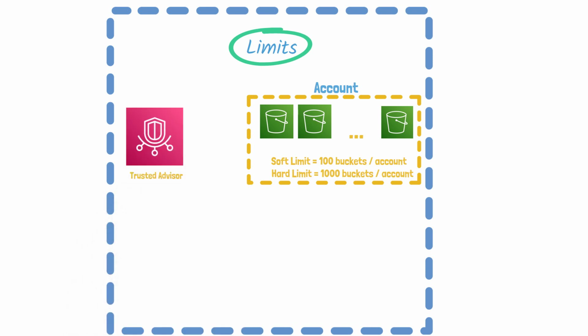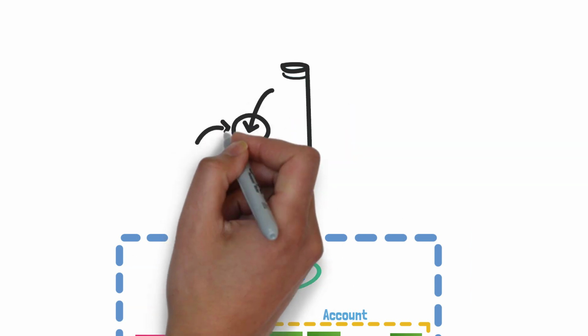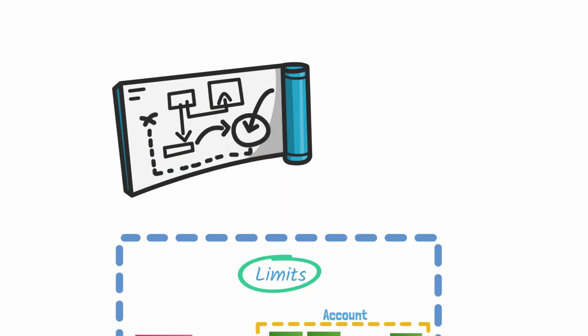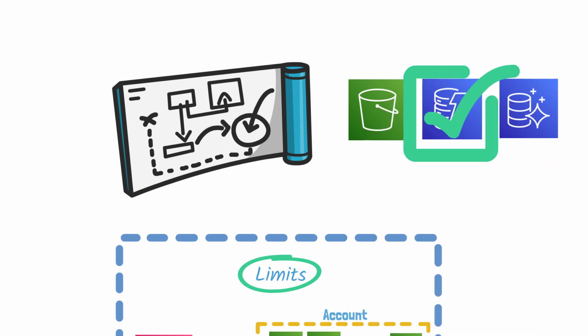AWS Trusted Advisor can be used to review the service limits that apply to your account. You can also set up notifications via CloudWatch alarms when you're about to hit the limit. Following these principles will help you design reliable architectures. Managed services like S3, DynamoDB, and Aurora offer built-in resiliency and should be preferred.